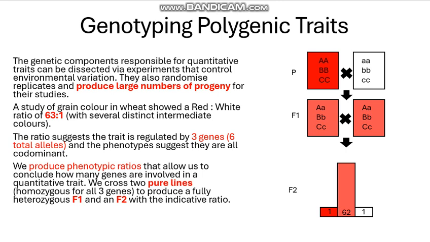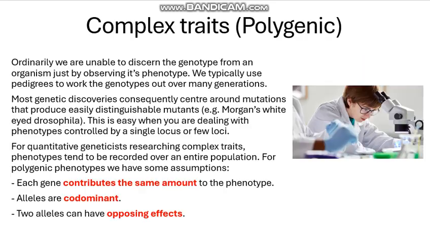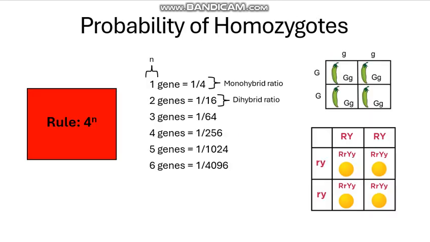So it's a 1 in 64 ratio. So we have a look here, we see a 1 in 64 ratio, and that equals 3 genes. So we're able to tell that 3 genes are responsible for this phenotype, so this trait.